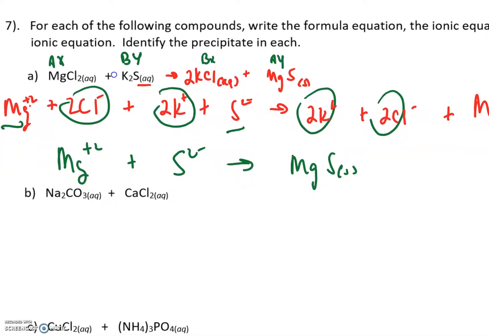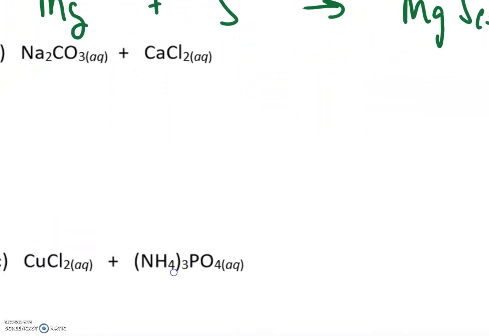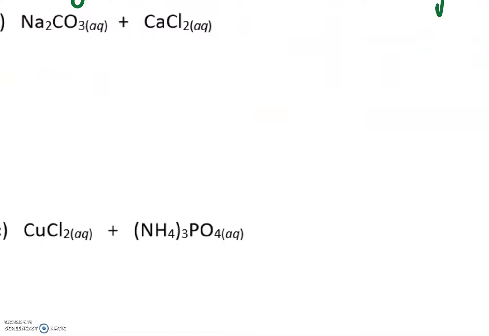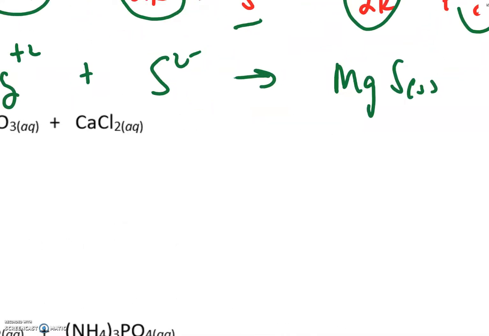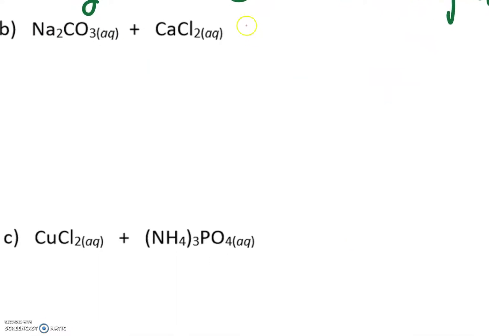Okay, so here is number 7b. So our products for our double displacement reaction for 7b, excuse me, are going to look like this. We're going to get sodium chloride and calcium carbonate.